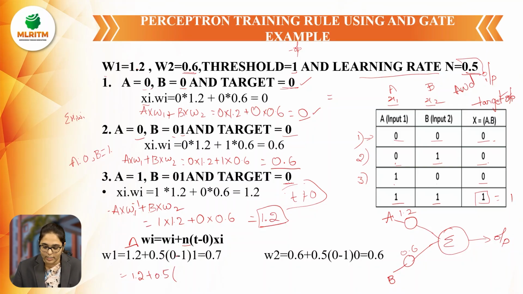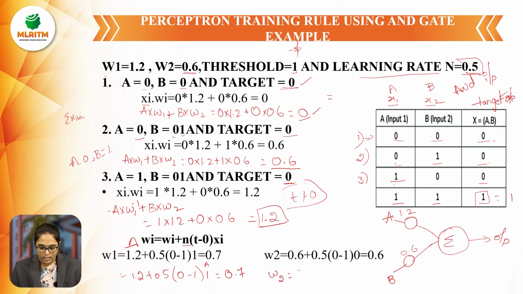The t is the targeted output, which is 0, and the actual output we got is 1. Into xi, which is the input we are considering, that is the a value, which is 1. So the value we have got is 0.7. The same thing you need to do for weight 2 also.